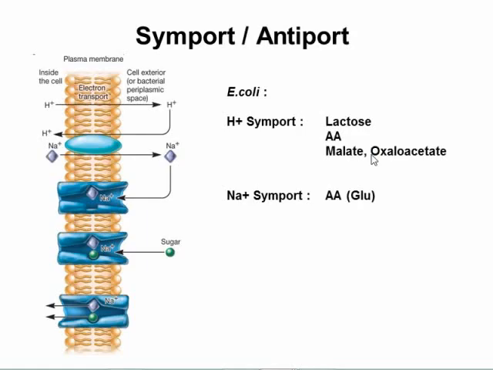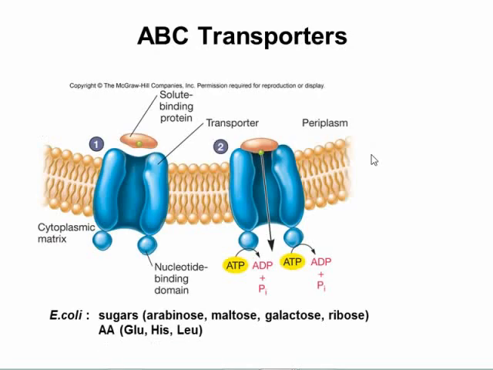So for each one of these, what you need to remember is the diagram of how it works and one example in E. coli. So E. coli, ATP binding cassette, glutamate, histidine.